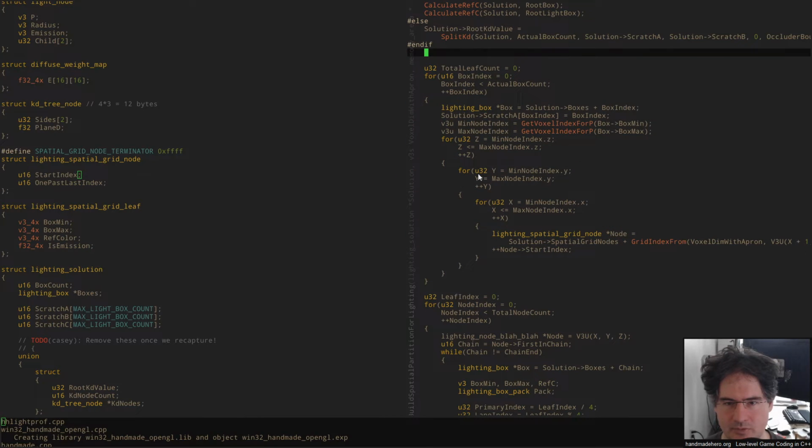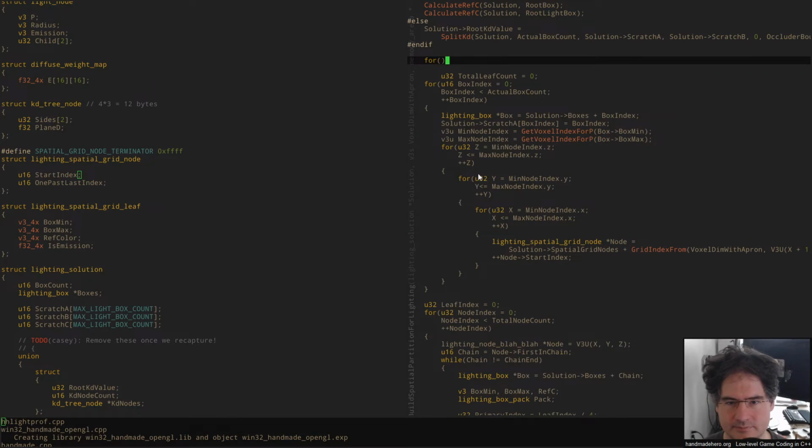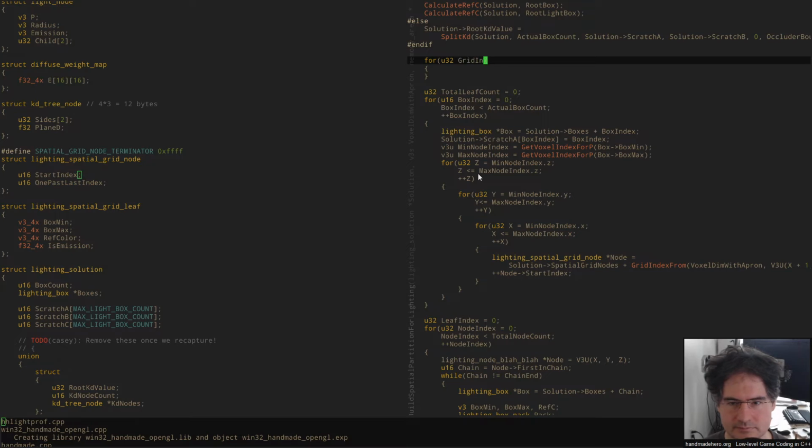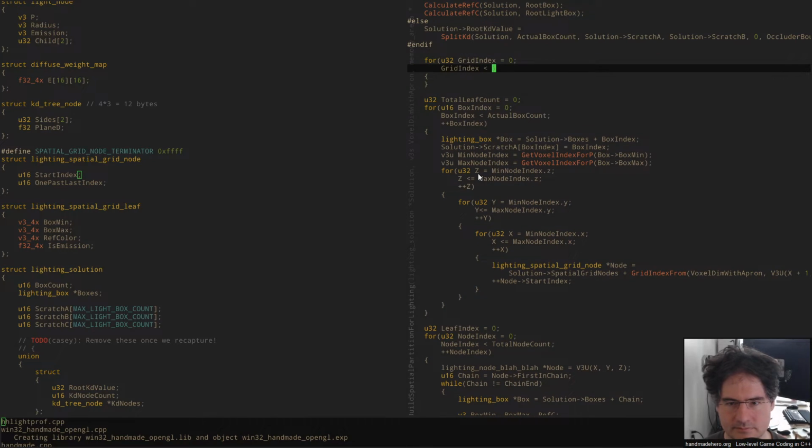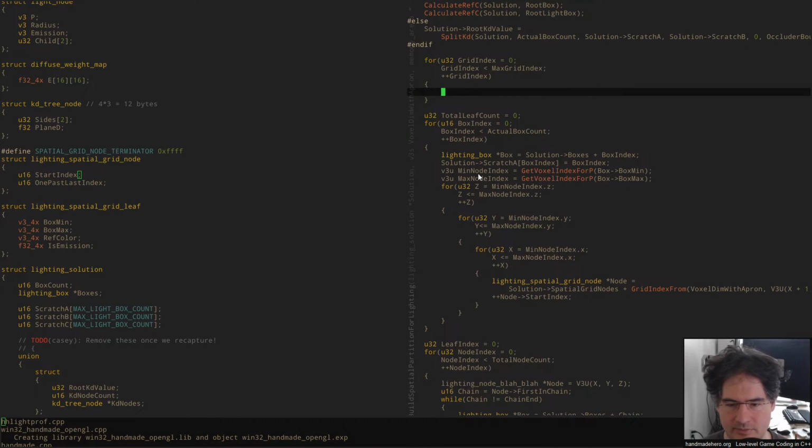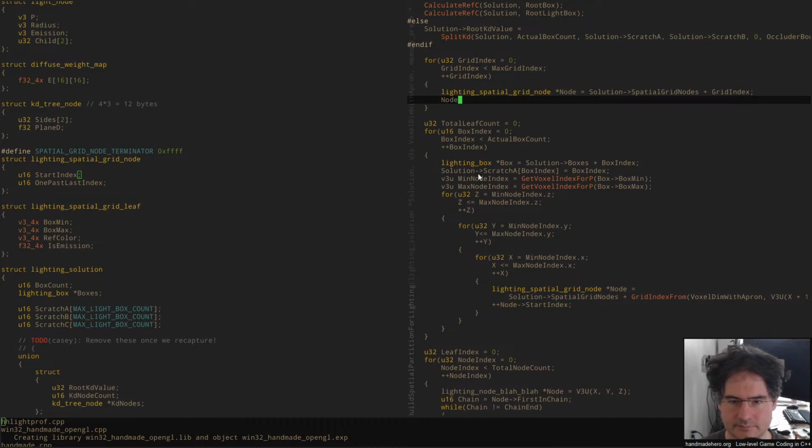So, we clear it first. We do something like this. And we say, okay, clear all these, take the start index and use it as a temporary counter.